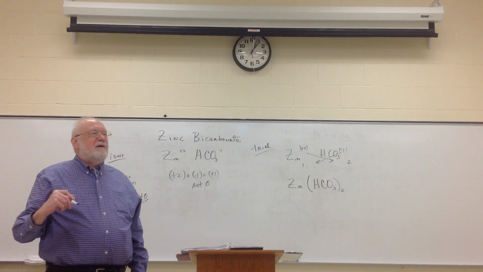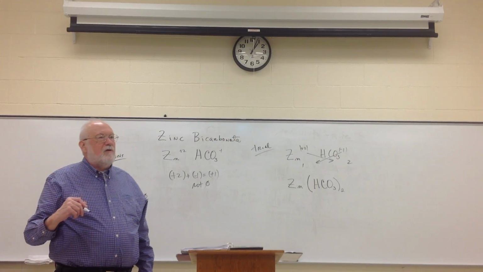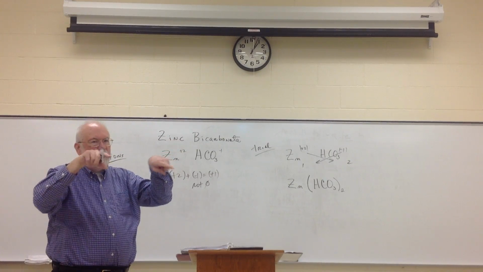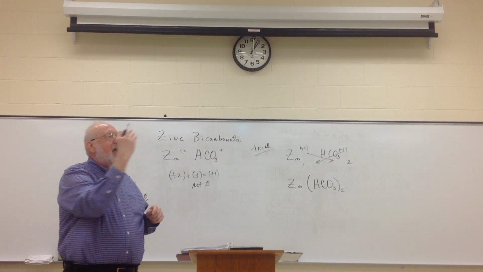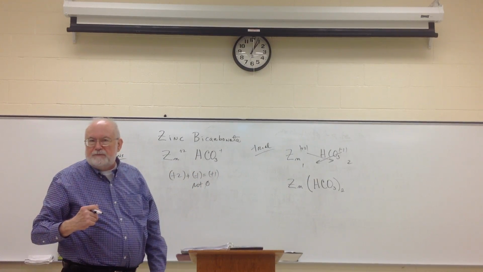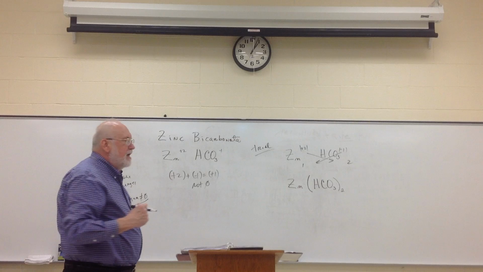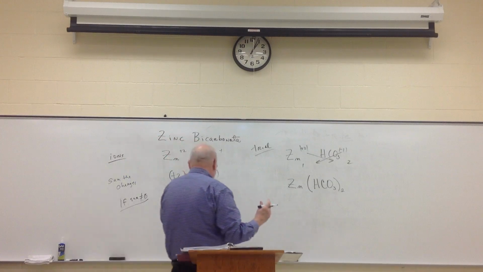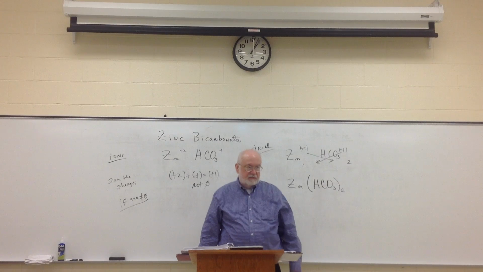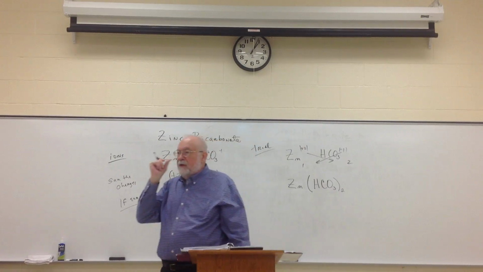Have to put a subscript other than 1 on a polyatomic ion, put parentheses around the formula of the polyatomic ion, and follow the parentheses with the subscript. There it is. So when anybody looks at this, they can see it's zinc bicarbonate. All right? And there you go.